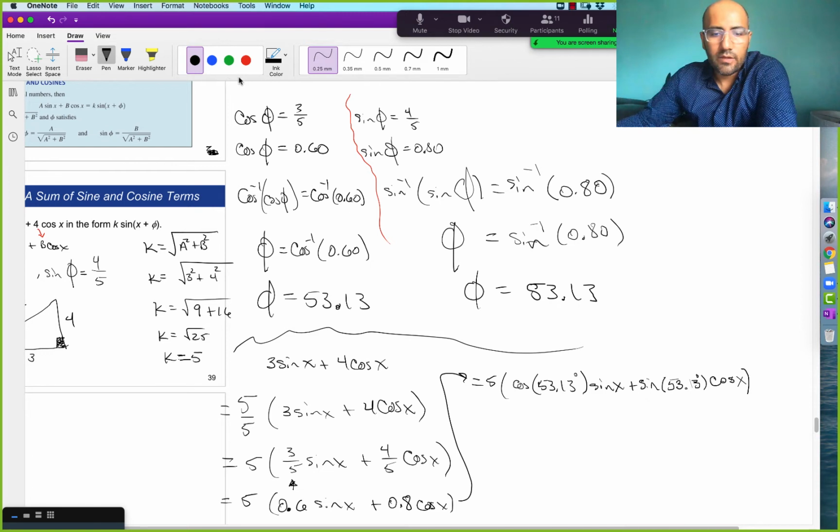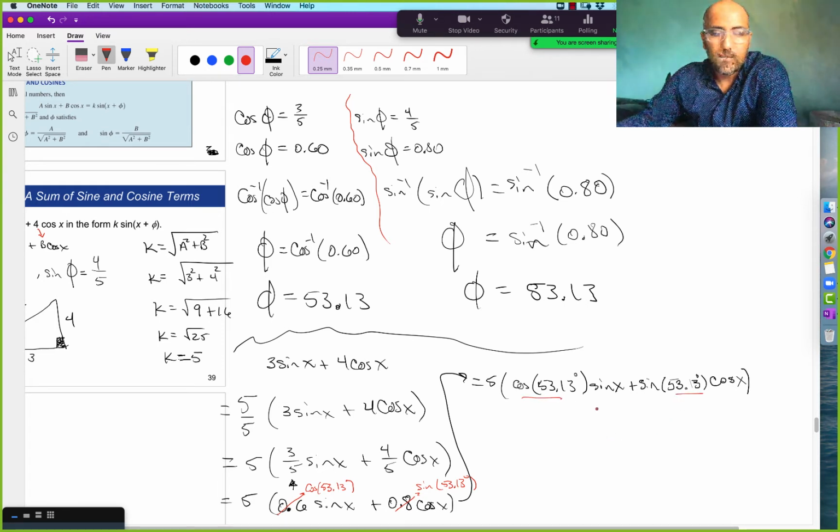And that's because this was the cosine of 53.13 degrees, and this was the sine of 53.13 degrees, right? And that's where this and this came from.